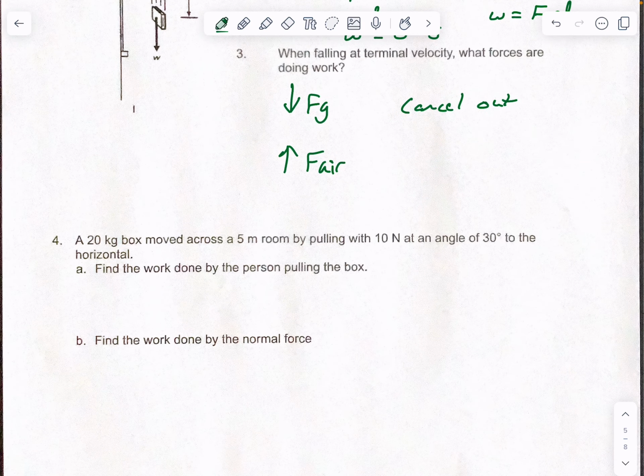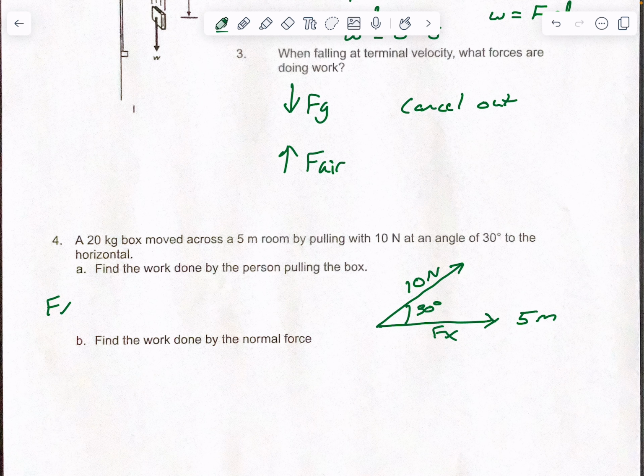Number 4, a 20 kilogram box is moved across a 5 meter room by pulling with 10 newtons at an angle of 30 degrees to the horizontal. So we're going to draw our triangle. My angle is 30 degrees. My force is 10 newtons. I'm pulling across the floor, so I'm pulling it this way for 5 meters. So I need to figure out how much of this force is in that same direction as that 5 meters.